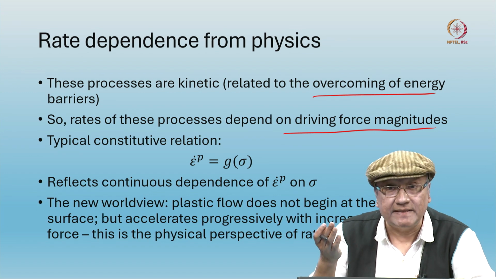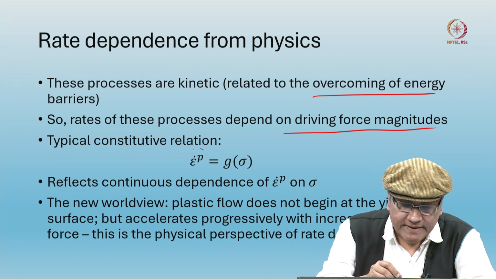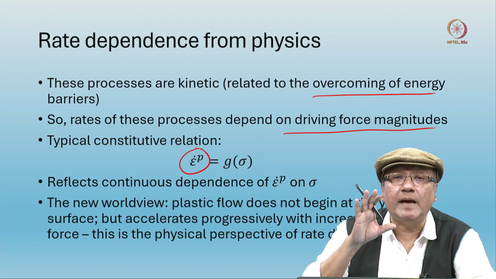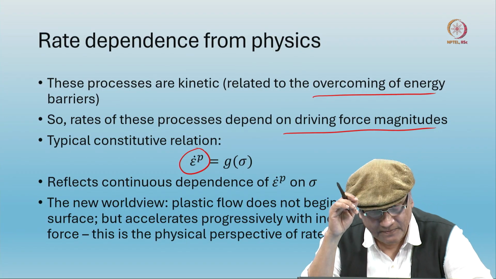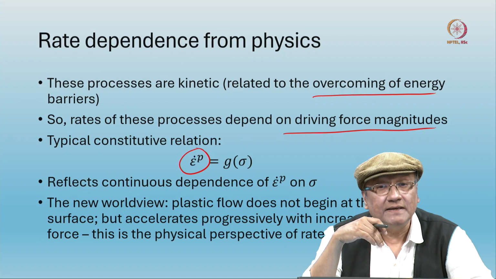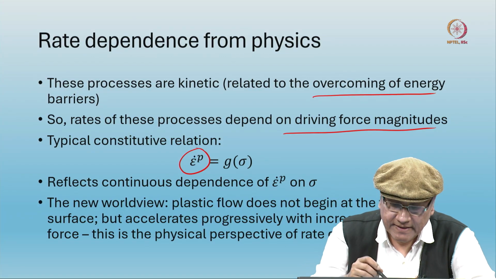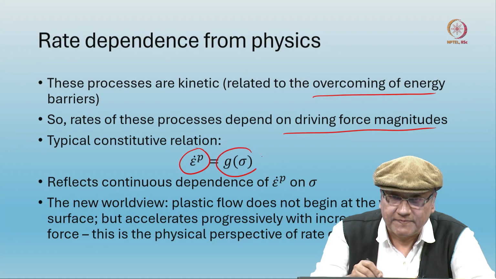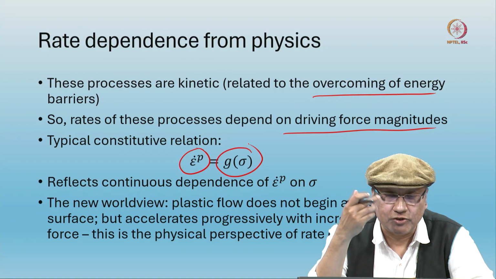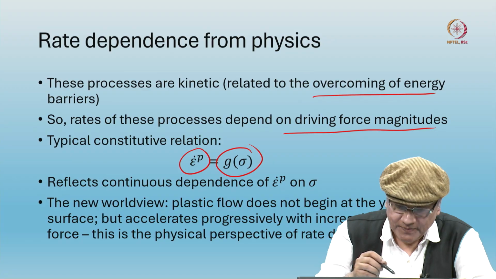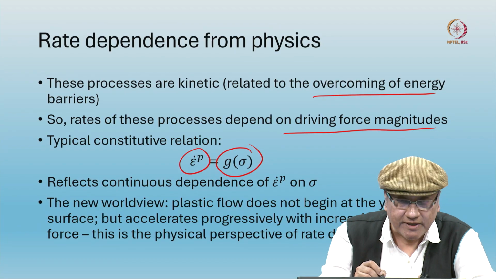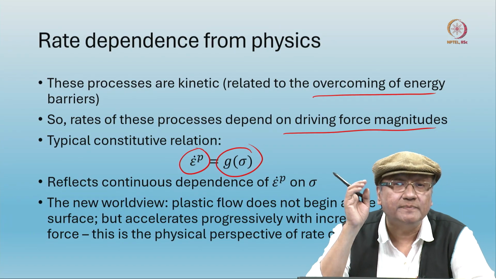If you call this sigma, and if you call all these microstructural rearrangements epsilon p dot, assuming that it is all appearing in this plastic strain rate, then it has to be a function of sigma, such that whenever sigma is not equal to 0, you have some epsilon p dot.